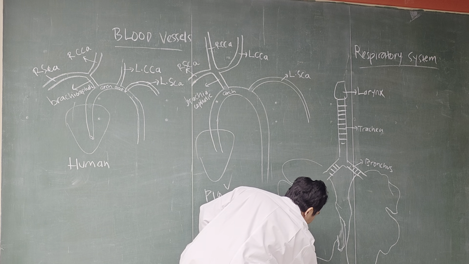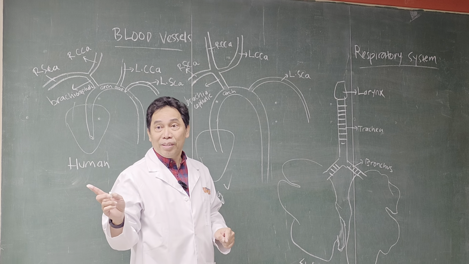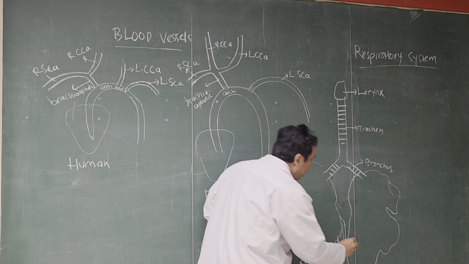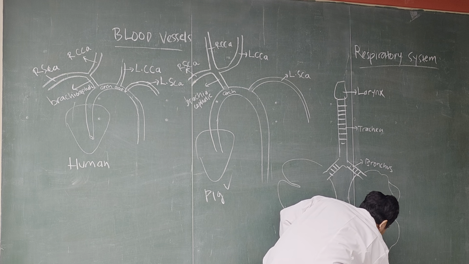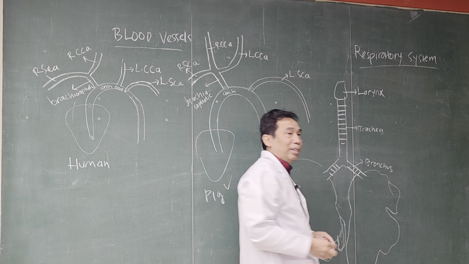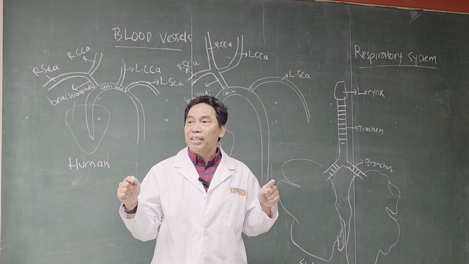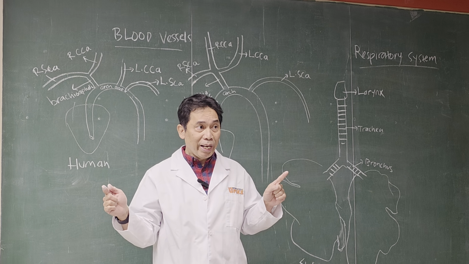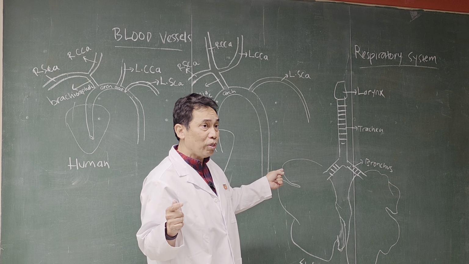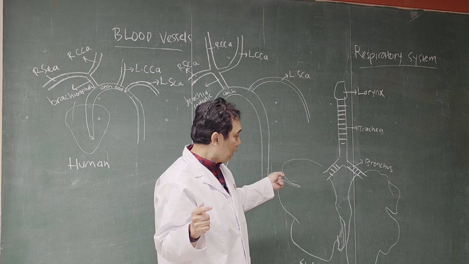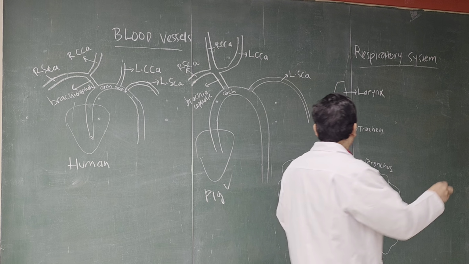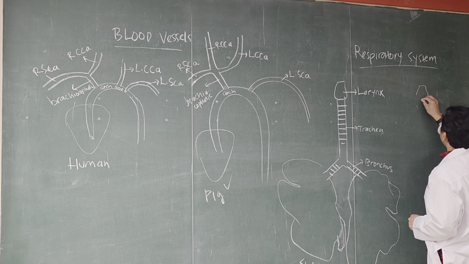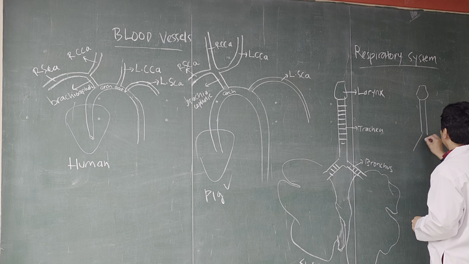On the left side, it has 3 lobes. Okay? So look for that, 7 lobes. When you dissect the pig, look for the 7 lobes of the lung: 4 on the right, 3 on the left. Now, if it is human, let's say this is human.